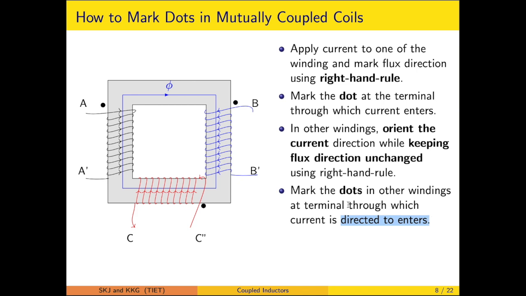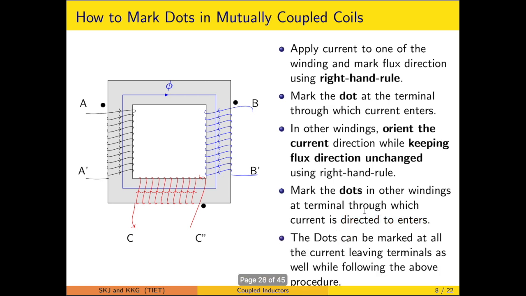This is what we are deciding by the right hand rule. This is also a reminder that the dots can be marked at all the current leaving terminals as well while following the above procedure, but we will be using the convention of marking the dot at the terminal through which the current is entering.